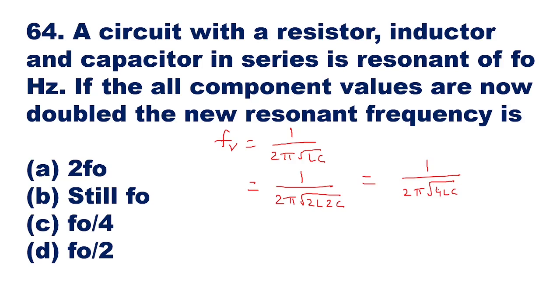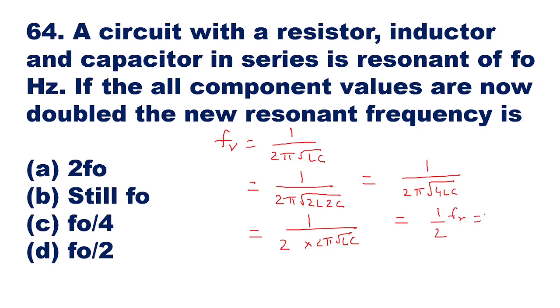Now root 4 is nothing but 2, because 2 into 2 is 4. So this is nothing but 1 upon 2 into 2 pi root LC. This is nothing but 1 upon 2 of the resonant frequency.